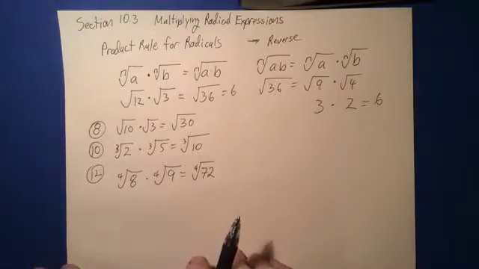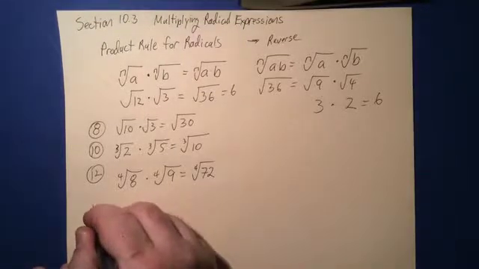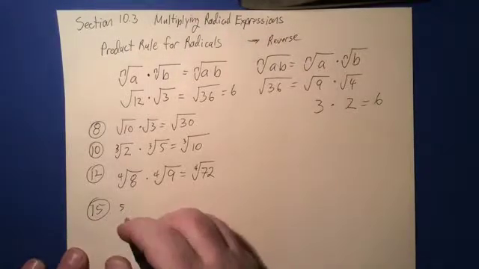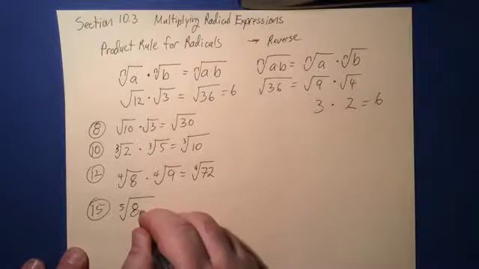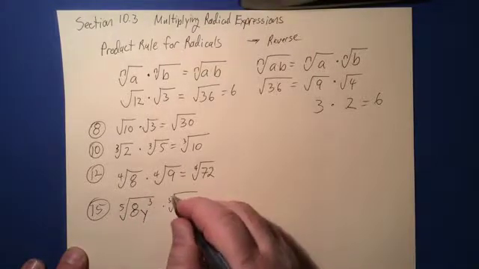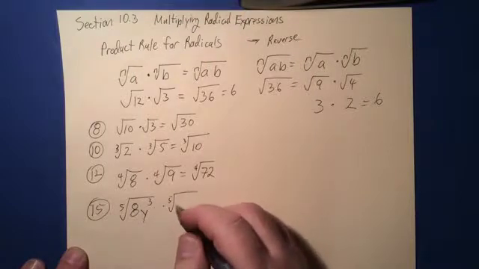One such example of this is going to be question number 15. This is going to be the fifth root of 8y to the third times the fifth root of 10y.